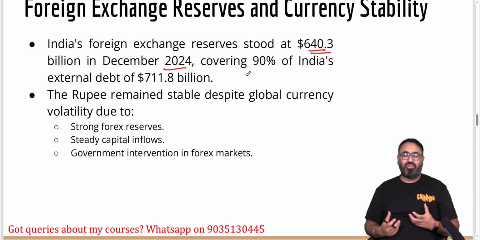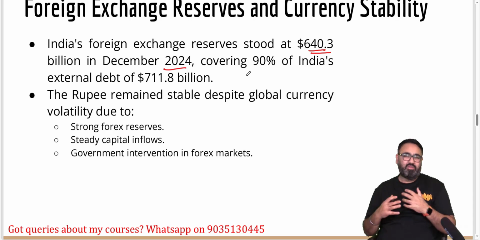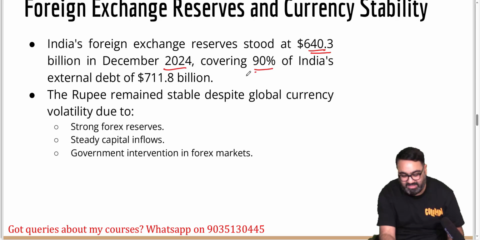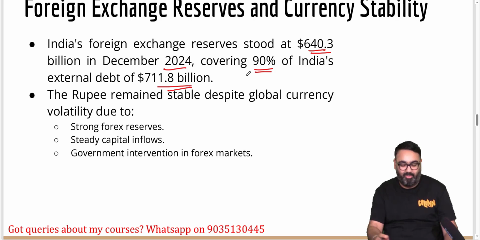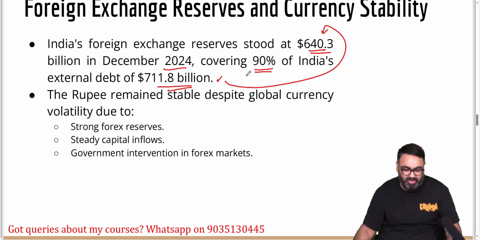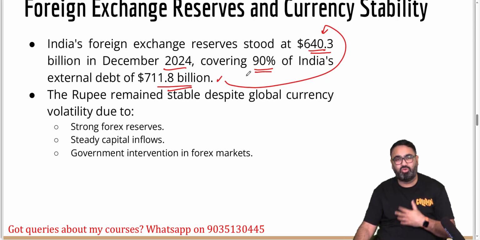It's ideal that foreign exchange reserves should be higher than the debt. In India's case, we are not higher, but we are somewhere in the vicinity. Our total external debt right now is $711.8 billion, while about 90% of that is covered by the foreign exchange that we have. So we are not that unstable when it comes to returning our foreign debt.